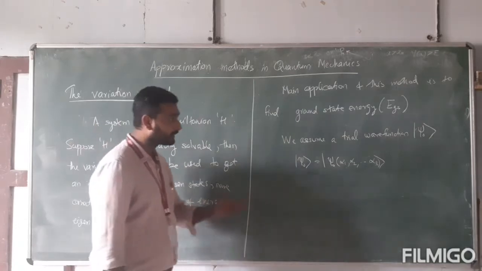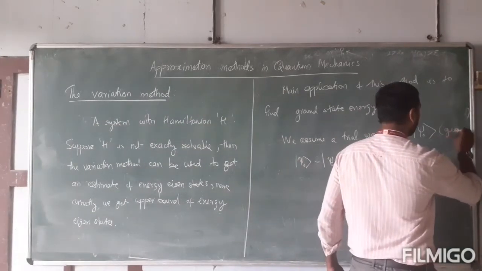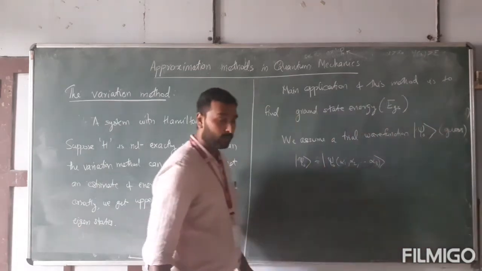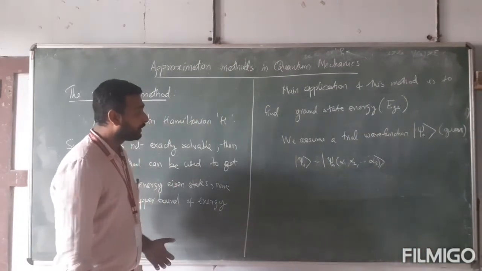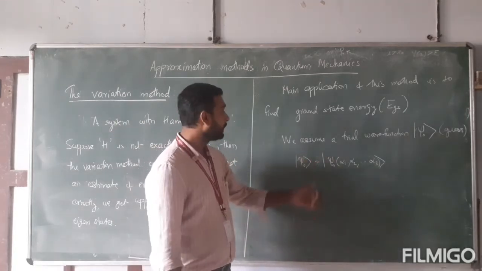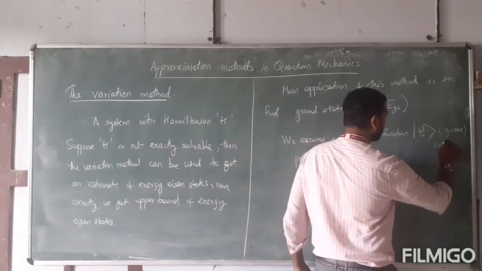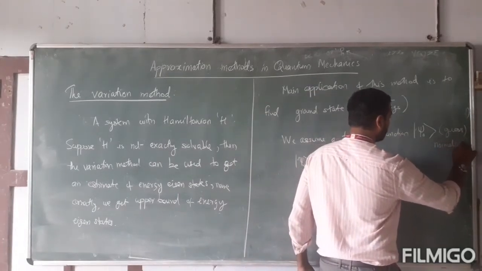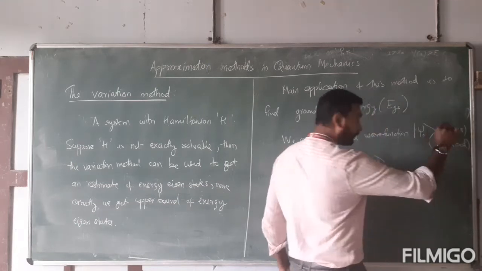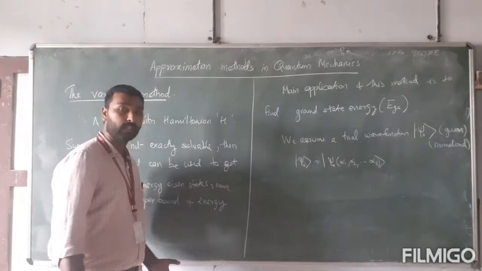So this is basically a guess, a wild guess. We guess a trial wave function, and we also assume this trial wave function is normalized, that means its norm is 1. Then what about the expectation value of the Hamiltonian?